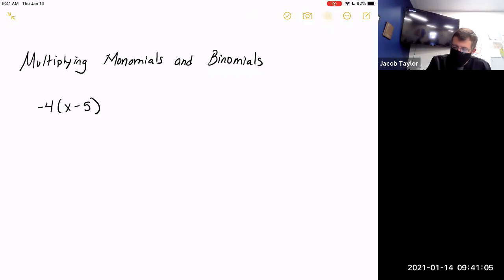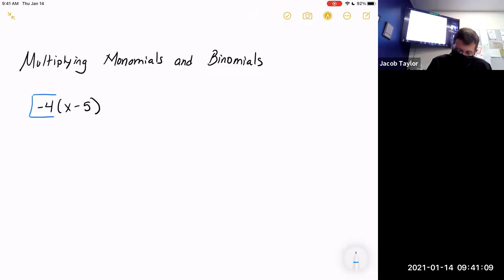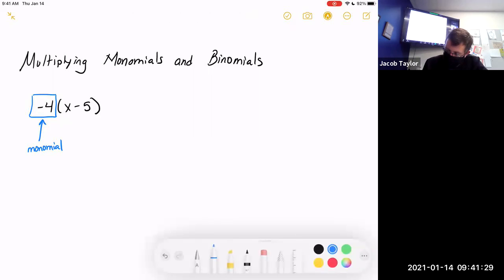So in this problem that I wrote right here, the monomial is the part that is out in front of the parentheses. A monomial is a polynomial with only one term. Now this term is just a constant, -4, but a monomial could also include a variable, like instead of a -4, that could be an x, or it could have both. -4x is also a monomial.